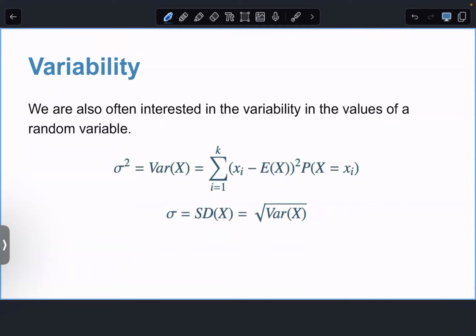There's variability associated with that payout, right? And so we can talk about the variance of X, and it behaves in a similar way, right? Except now, if we ignore the sum for just a little bit, what are we going to do? We're going to take each outcome, each individual payout, and subtract the expected payout, right?